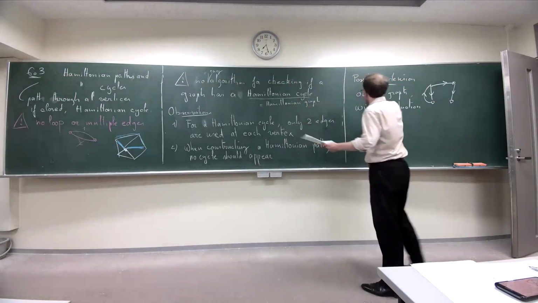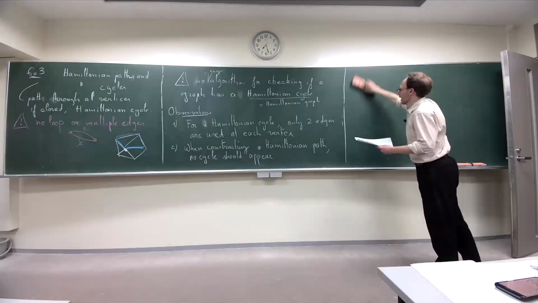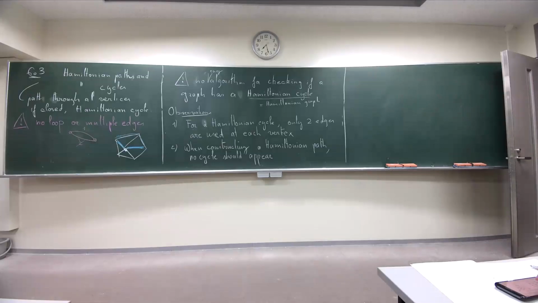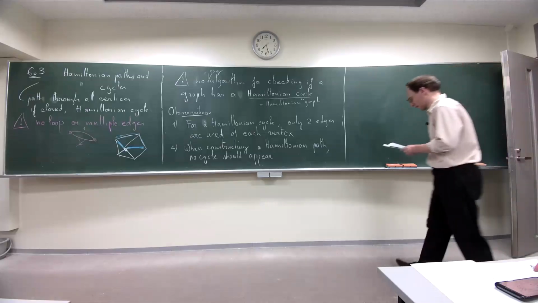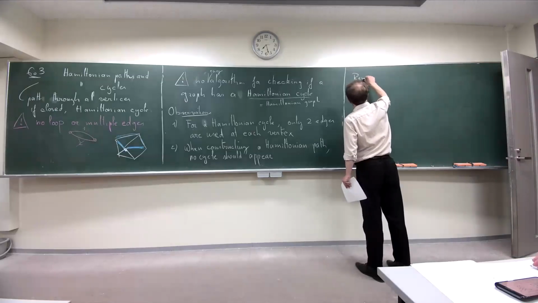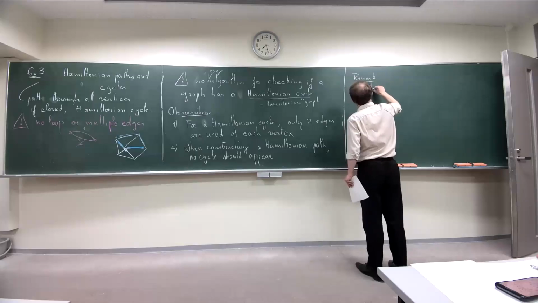And I gave in the notes, you can find a few examples, two or three examples of Hamiltonian path or Hamiltonian cycle. And in the notes, I just make a remark. I will not develop more here in the notes.